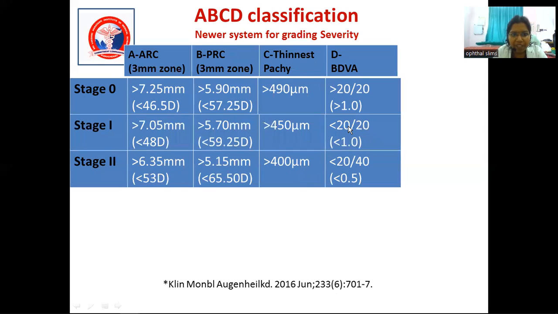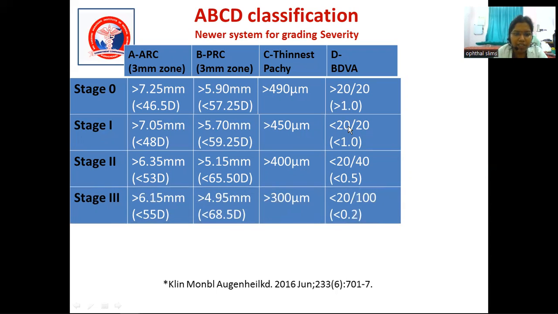In stage 2, when the anterior radius of curvature is less than 53 diopter, posterior radius of curvature is less than 65.5 diopter, the cornea's thinnest point is more than 400 micrometer and the best distance visual acuity is less than 20/40. Stage 3, when the anterior radius of curvature is less than 55 diopter and the posterior radius of curvature is less than 68.5 diopter, thinnest point is more than 300 micrometer and the visual acuity is less than 20/100.